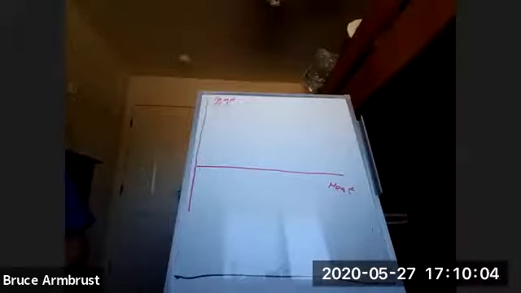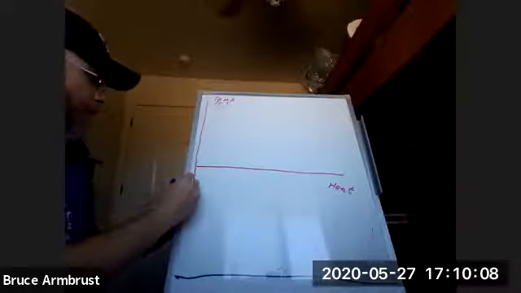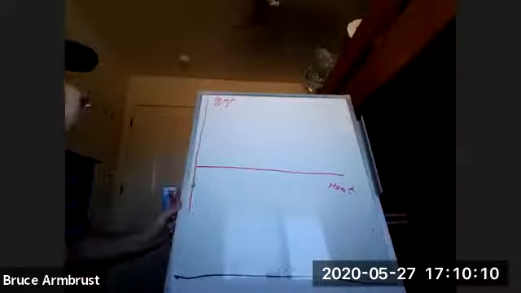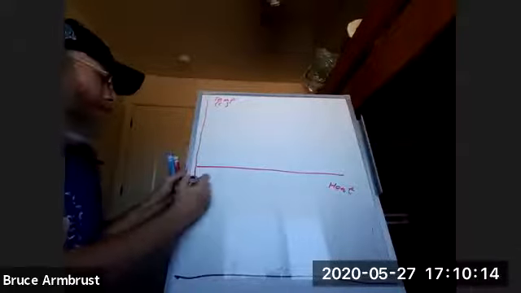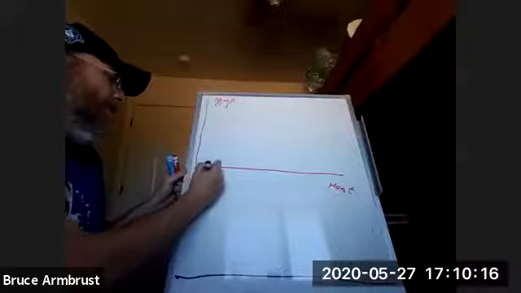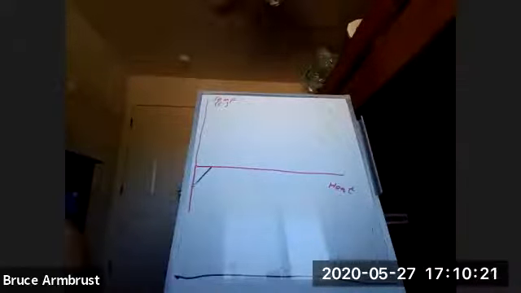Let's say we're taking ice, and maybe that ice is cool, so it's some negative temperature in Celsius. As we start putting in heat, we're going to see that the temperature increases. And then eventually, we're going to hit 0.